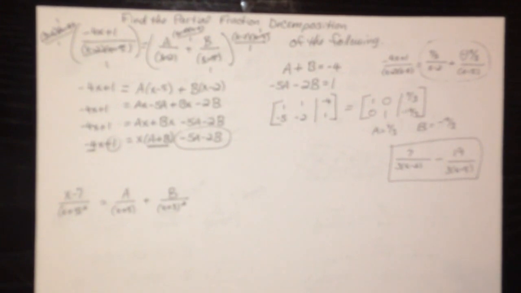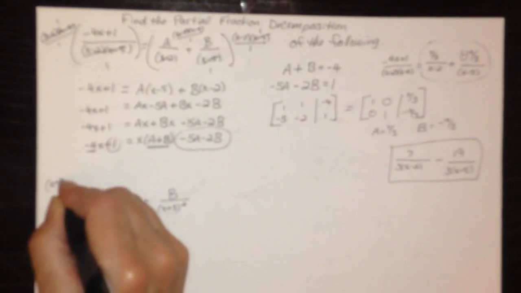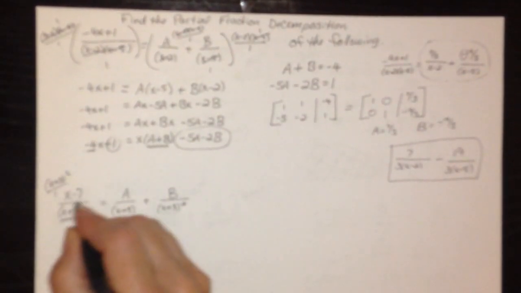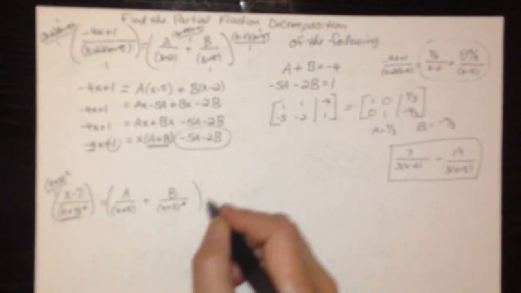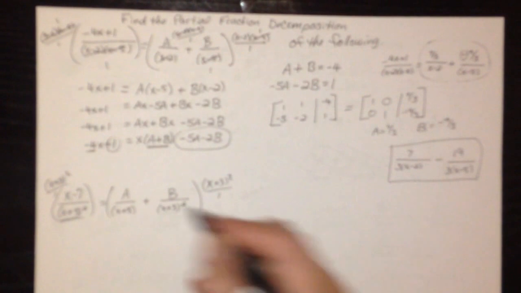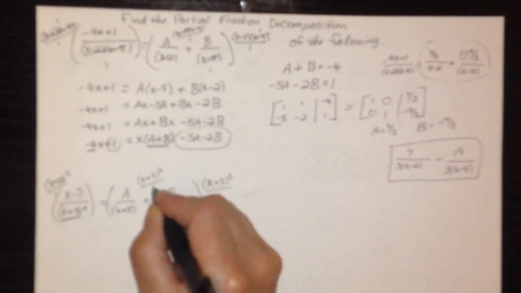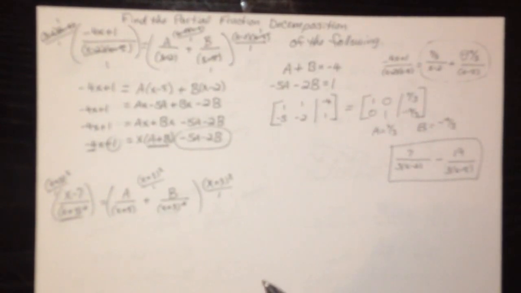That's of degree 1, so we just get a constant term in the numerator. Now to solve this equation, I multiply both sides by the lowest common denominator, which is x plus 3 squared. On the left-hand side, I multiply it by x plus 3 squared. On the right-hand side, since it distributes, I'm going to write it down 2 times. On the left-hand side, x plus 3 squared times x minus 7 over x plus 3 squared.